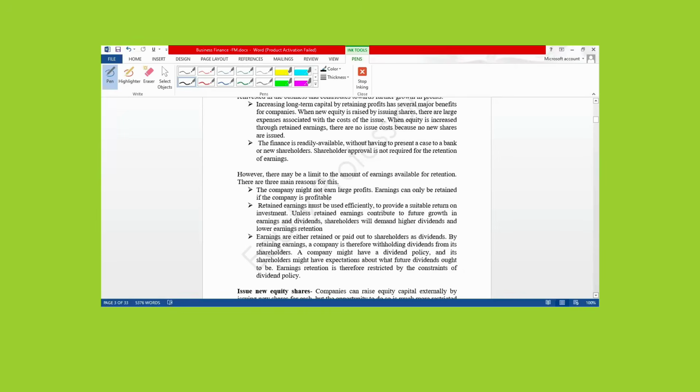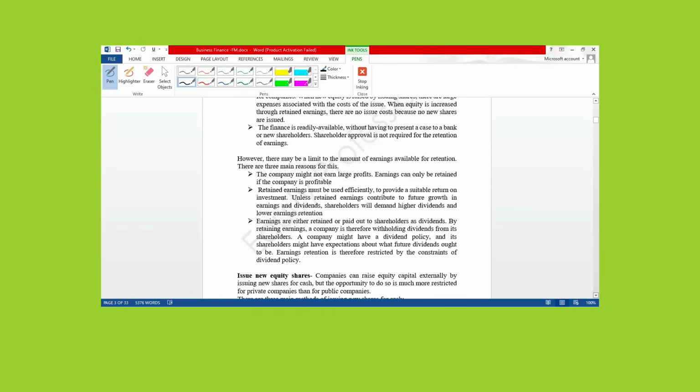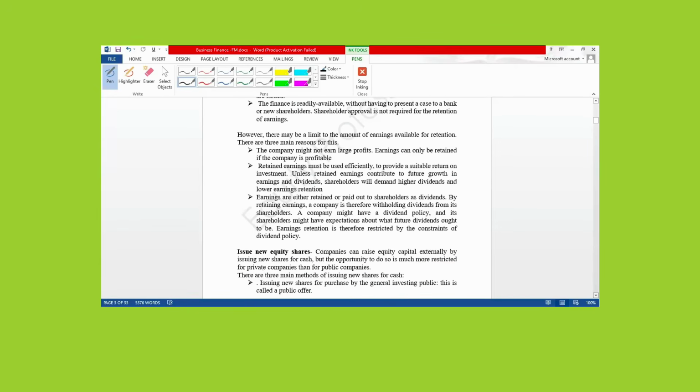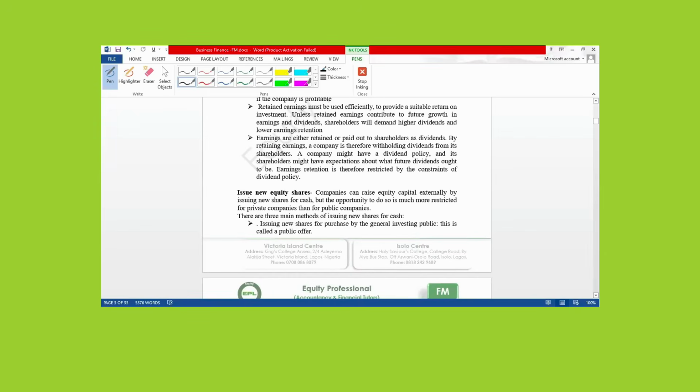Number 2 method, under equity finance. A company can raise equity capital externally by issuing new shares for cash, so as to generate funds.